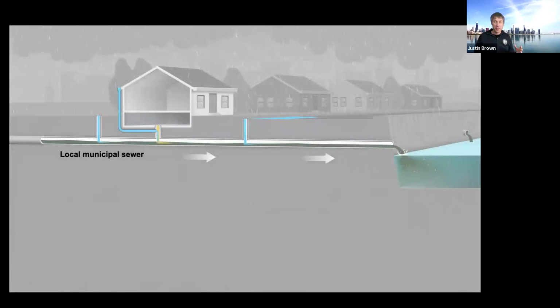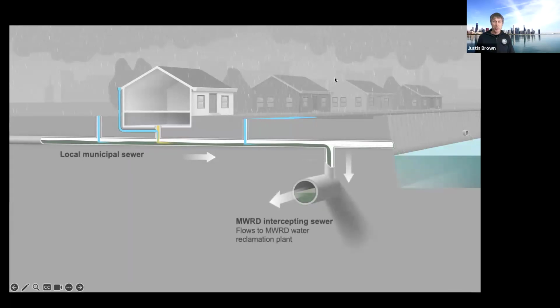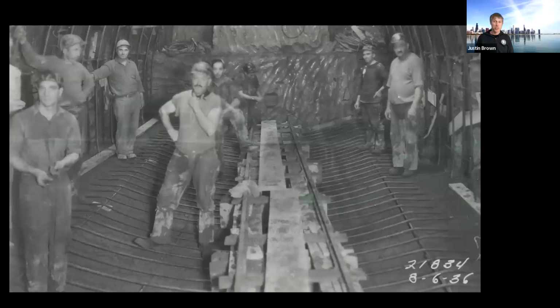Once we learned how to clean wastewater and began work building treatment plants, we also had to get the water to our facilities to be cleaned. So to do that, we built a system of huge intercepting sewers to catch the water, to bring it to our plants. And these sewers are as large as 27 feet in diameter. This is a photo of construction work on one of those intercepting sewers in the 1930s.